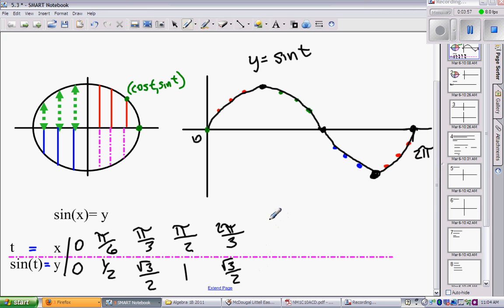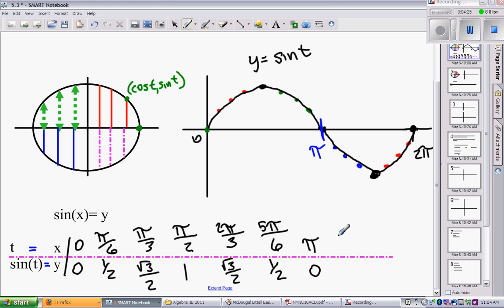So we are at 5 pi over 6. So you get 1/2 out. Down to pi. We need to hit 0. So this point right here is pi. It's halfway. And now we start getting out negative values.